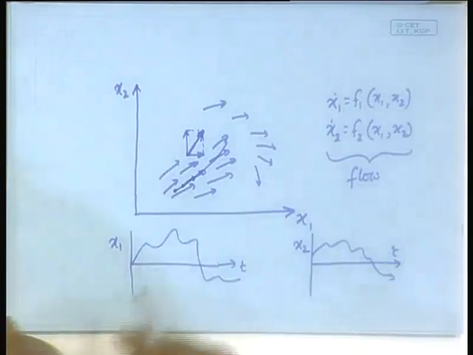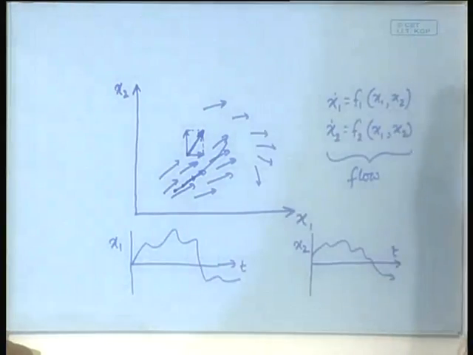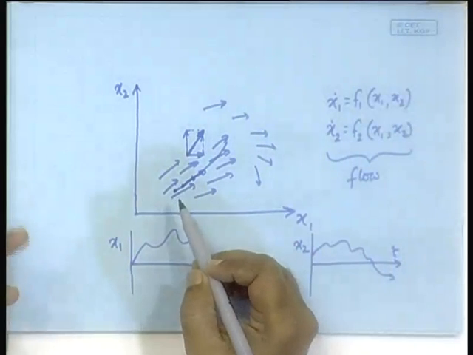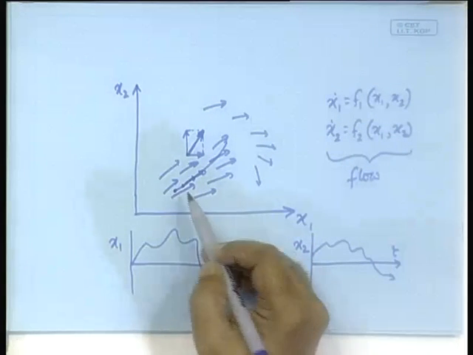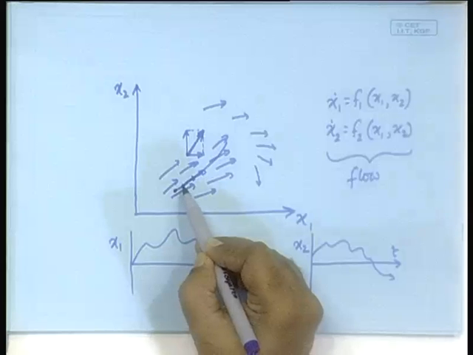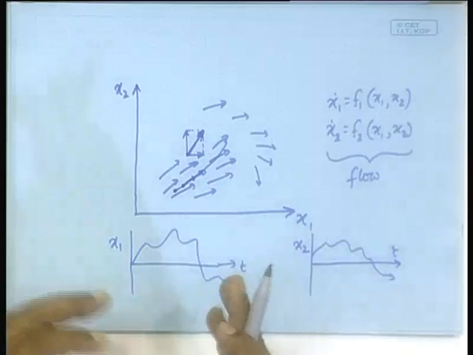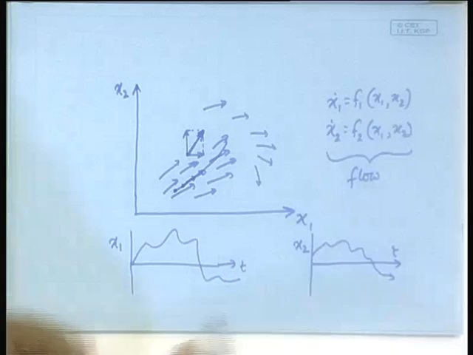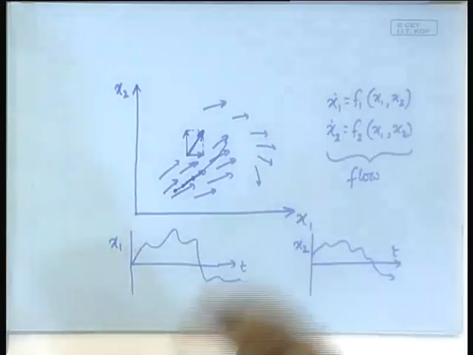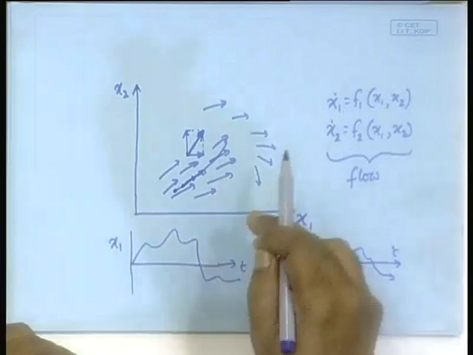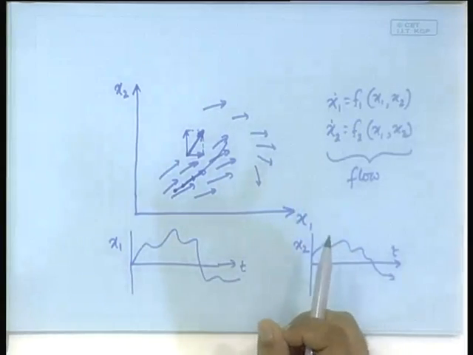The only problem is that in that case how big a step do you take, and there is obviously the underlying assumption that while you take this step from here to here, the vector actually does not change. So, you have tacitly made that assumption that in that step length the vector does not change much, but it could.